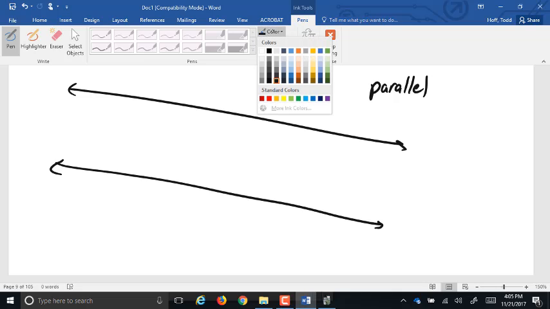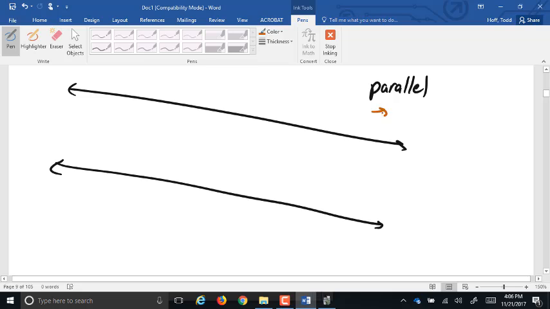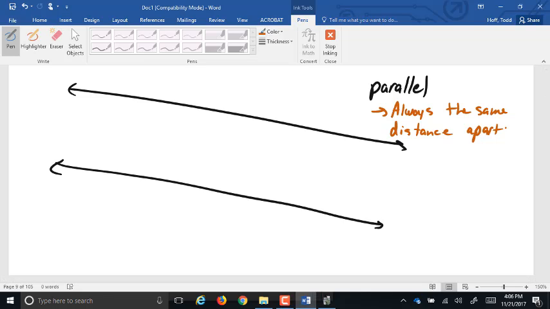So a technical definition of parallel that works both in two dimensions and in three dimensions is always the same distance apart. So parallel lines are always exactly the same distance apart. The technical terminology is everywhere equidistant.